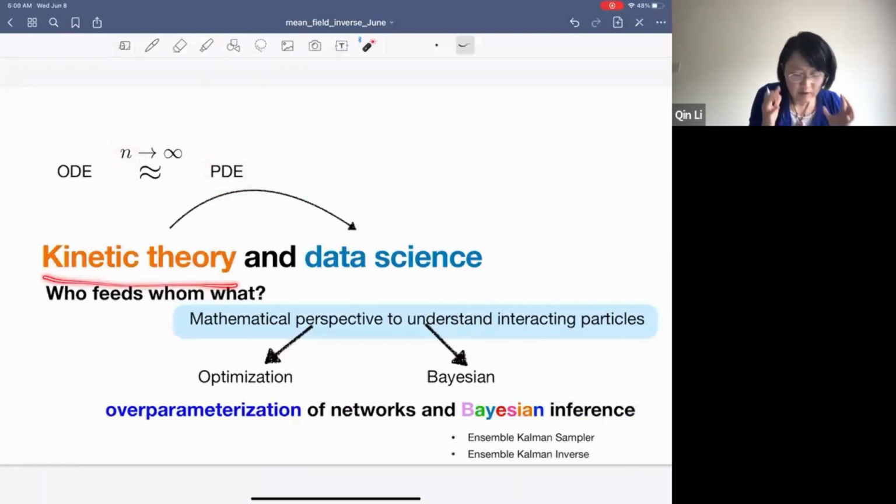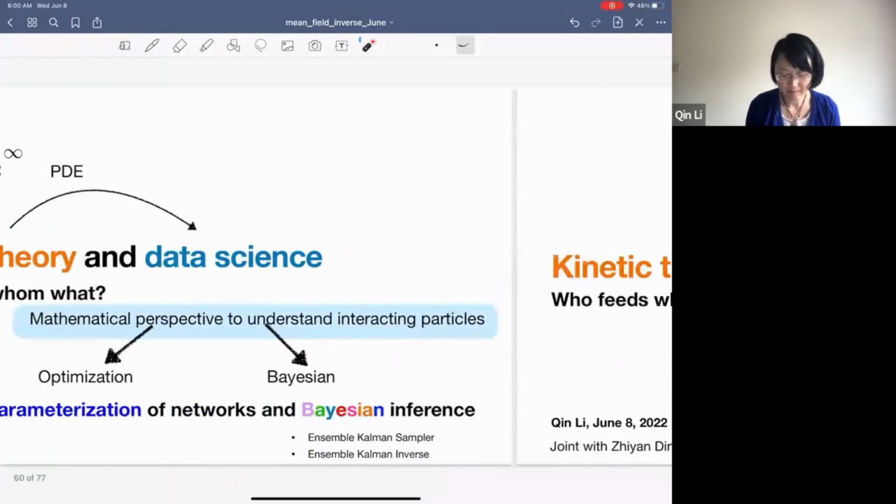And this kinetic theory perspective sometimes can be really useful in explaining data science techniques. We have shown two examples. In one example, we have the overparameterized neural network. And in the second example, we have Bayesian inference and an algorithm called the ensemble Bayesian sampler that can be explained using the kinetic theory.